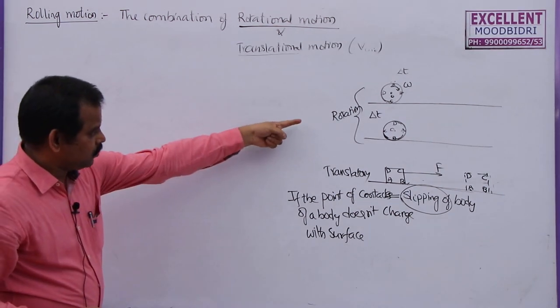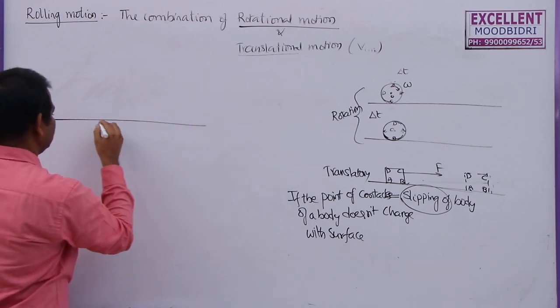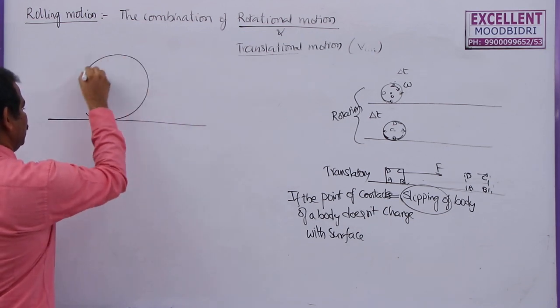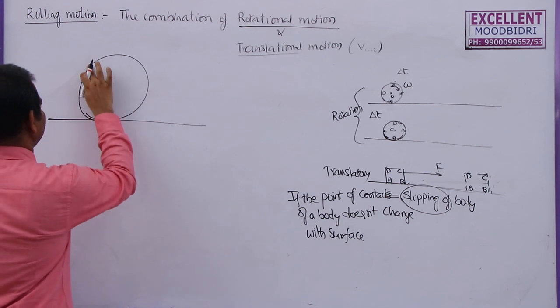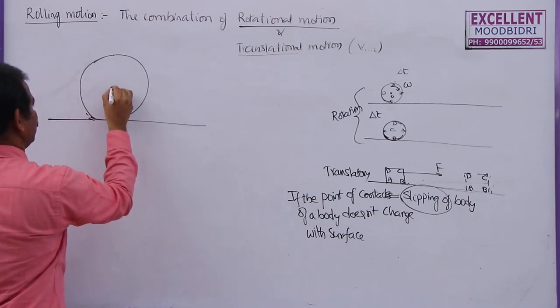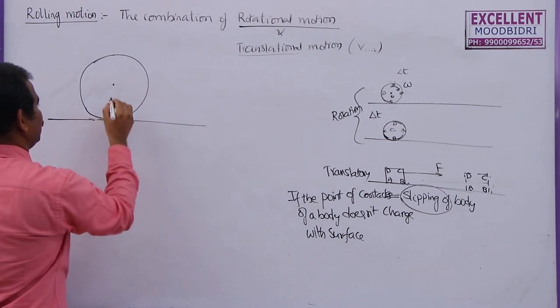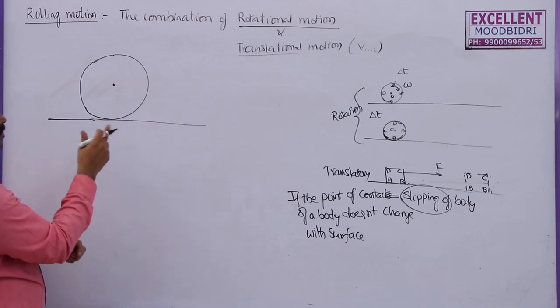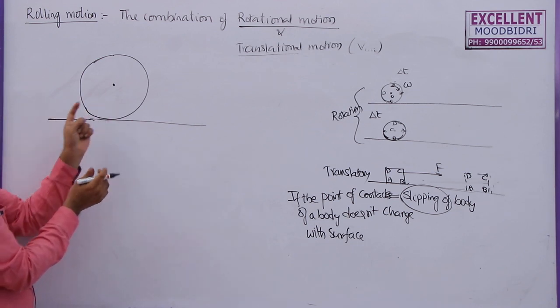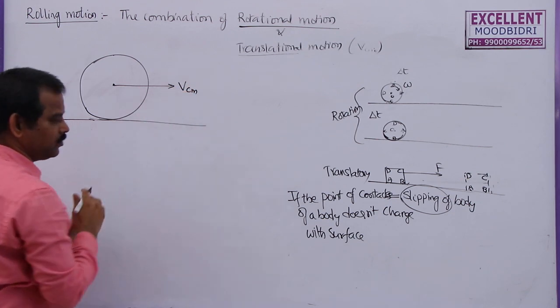Let me combine this rotation as well as this translatory motion. So this is a surface on which a body is placed like this. Let me take it as a disc. Now this is the axis of rotation of this disc. We know that as it has both the translatory as well as the rotational motion, the velocity of center of mass of this body will become VCM.